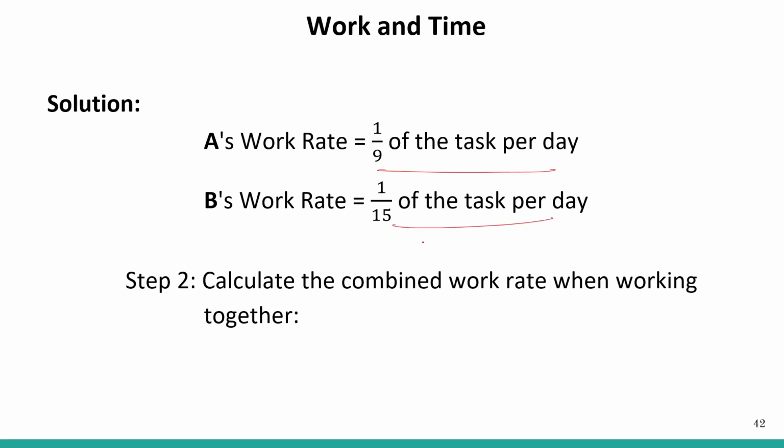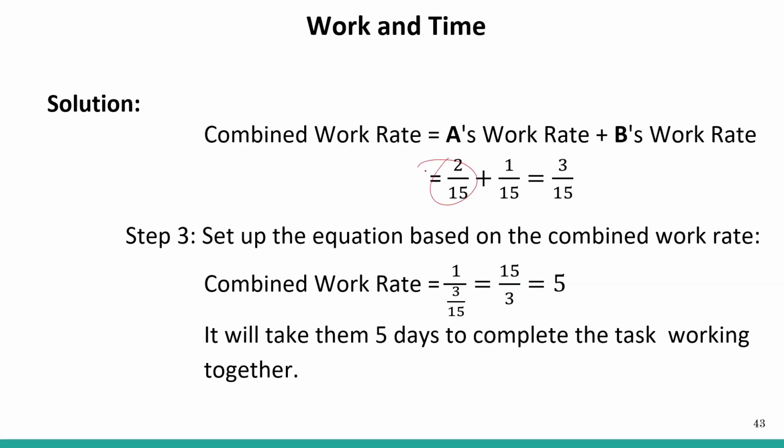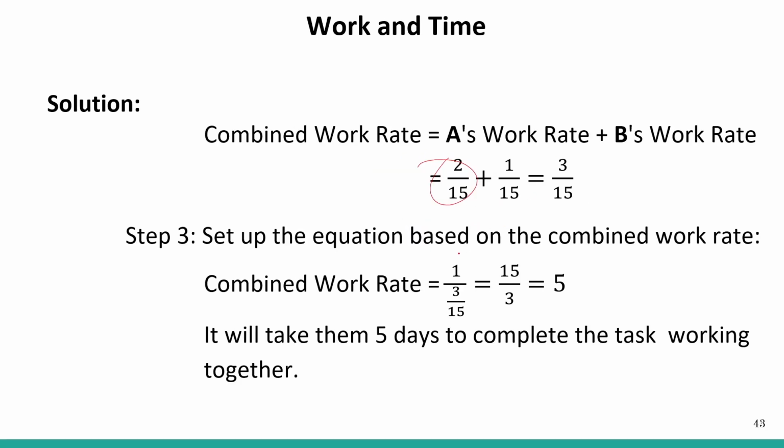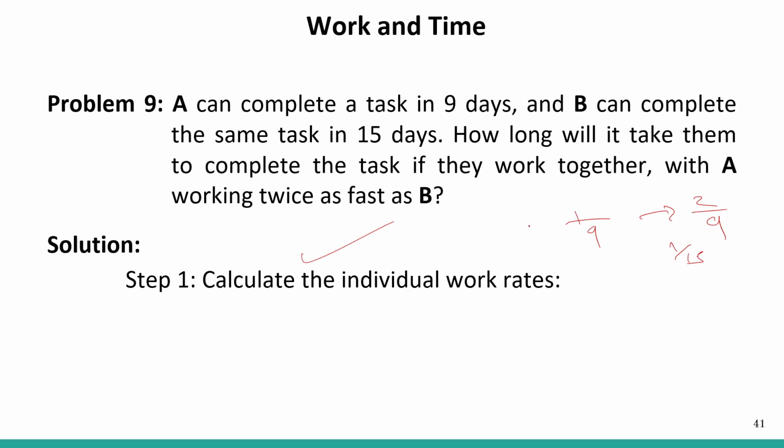So calculating this, it becomes this. So 1 by 9 becomes this much. Okay, so the combined will be what? So if they work together, their combined work rate is what? 2 by 9 plus 1 by 15, right? So the LCM is 45. So this becomes what? 10 plus 3. Okay, so 13 by 45.